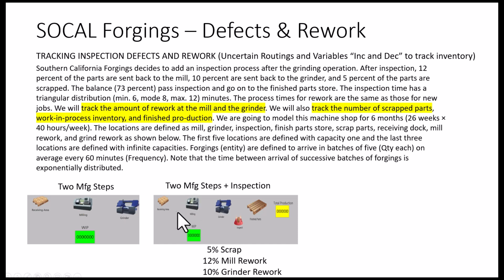So this is the first step, and then 10% will have to go back to the grinding process. In this model, we're going to assume the same processing time. That means the balance of all of this will continue to the finished parts, and it will count the total good production. All right, so let's see how we can get this into ProModel.